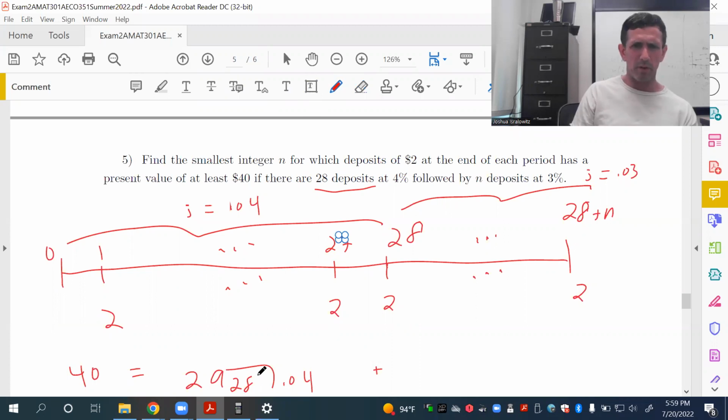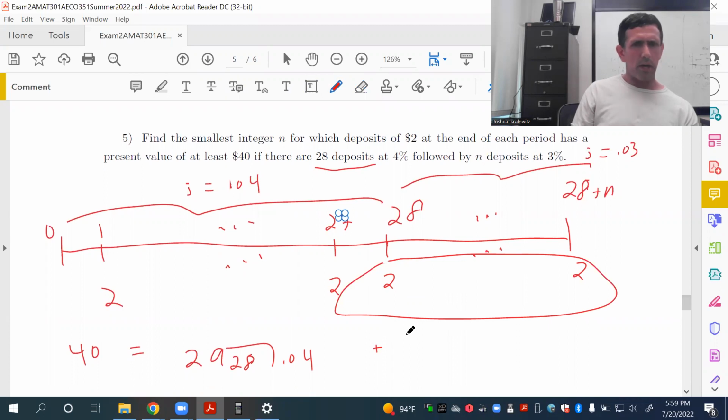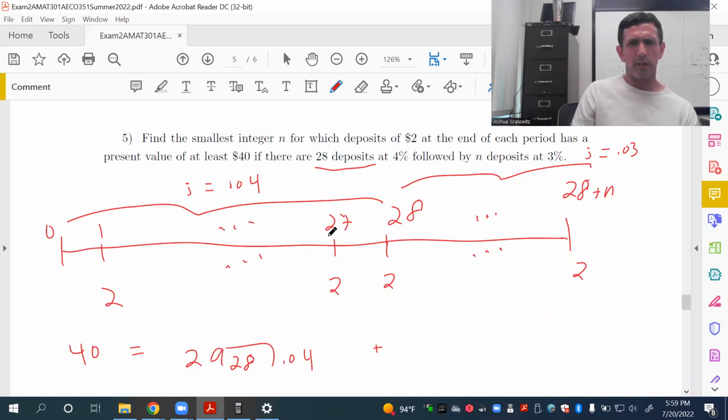That's really one of the main points of the lectures on annuities. We already took care of the t equals 28 payment with this annuity.